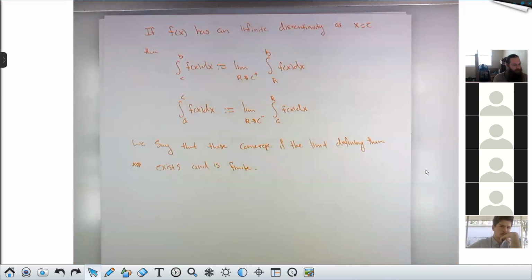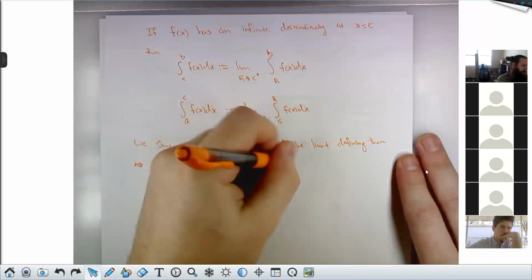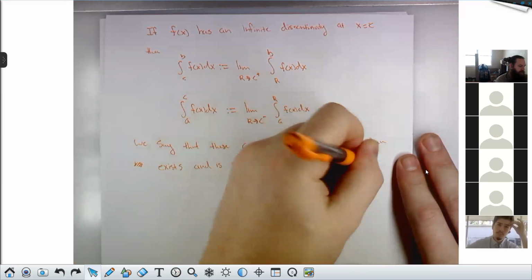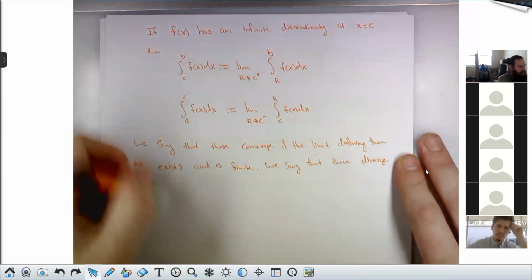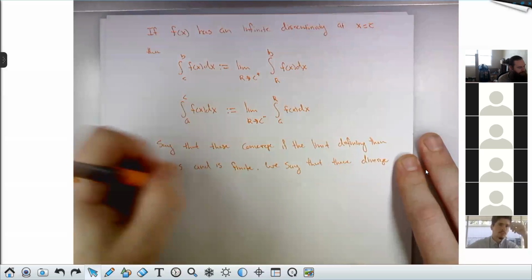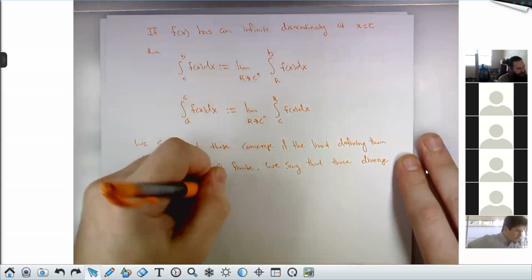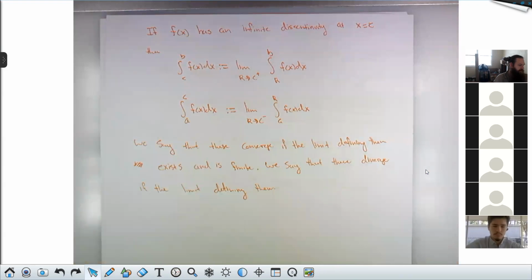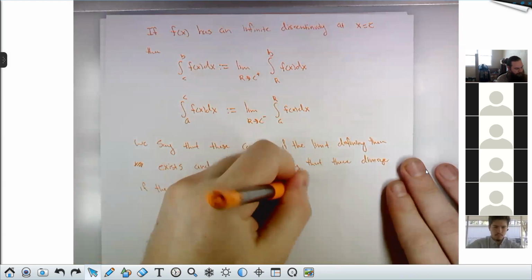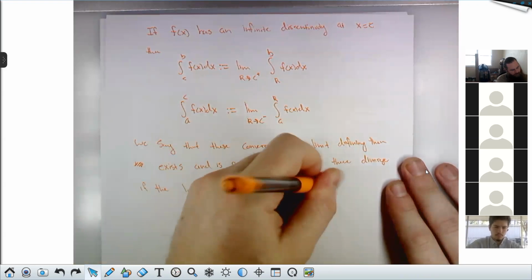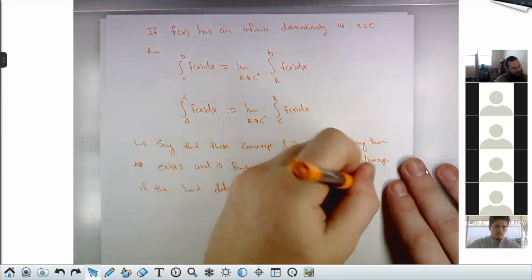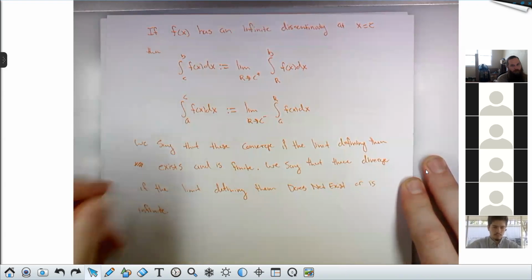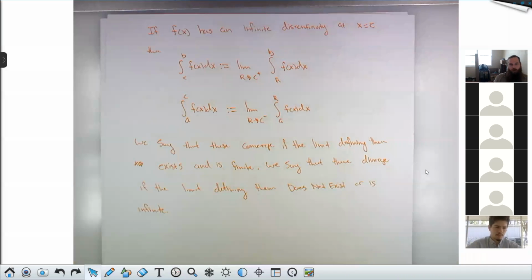We say that these diverge if the limit defining them does not exist or is infinite. Yeah, so this is our formal definition of a type 2 integral.